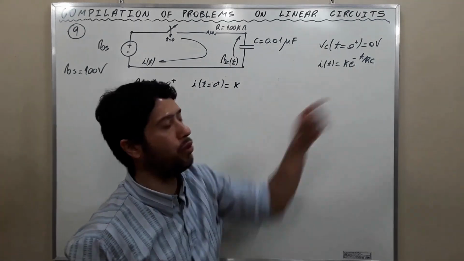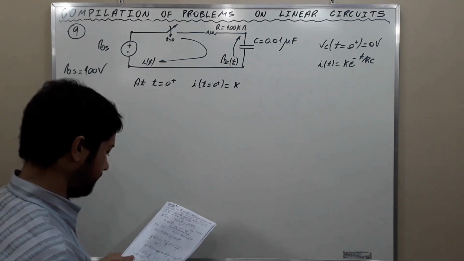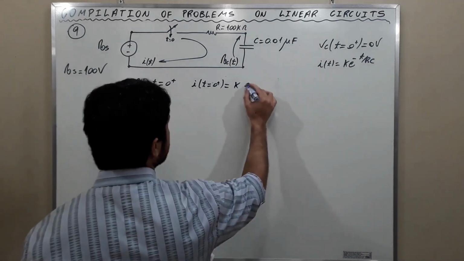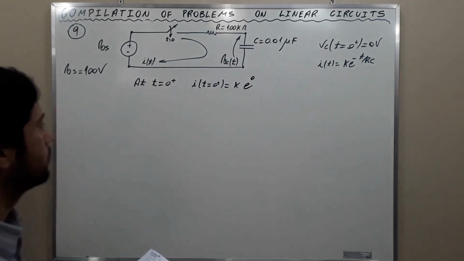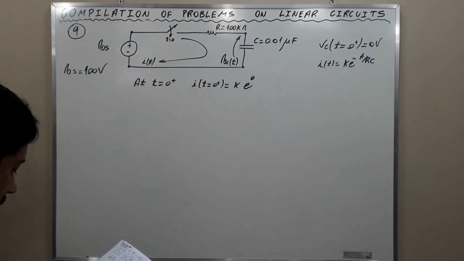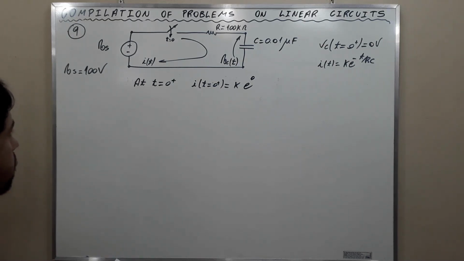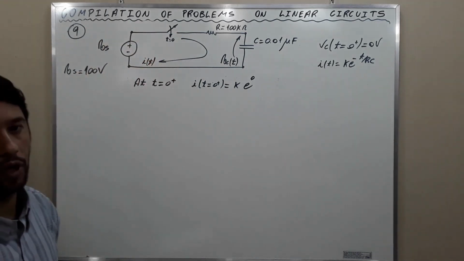We are going to put 0 in the place of t, and this has to be equal to the current immediately after the switch turns on.